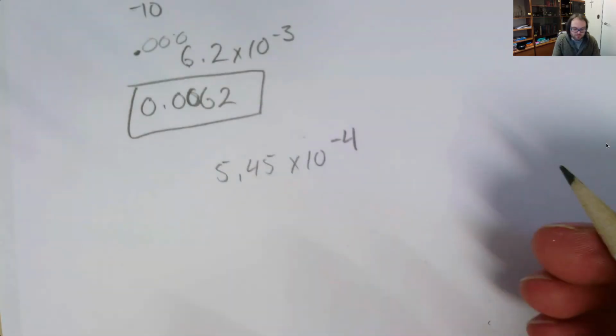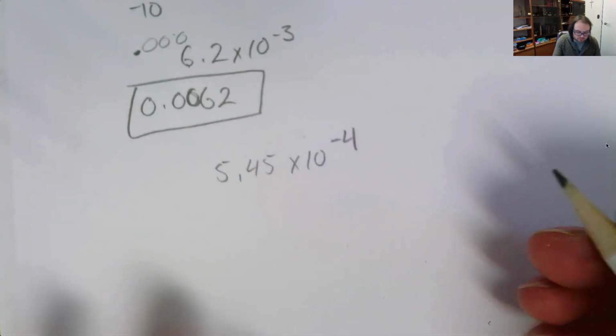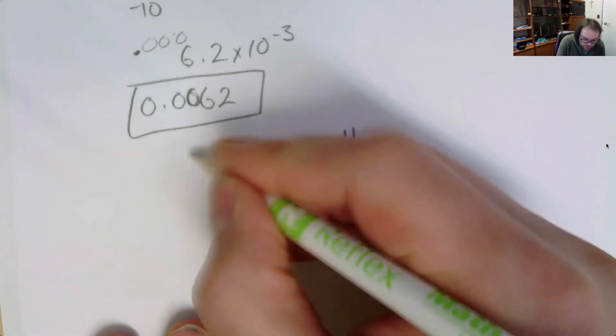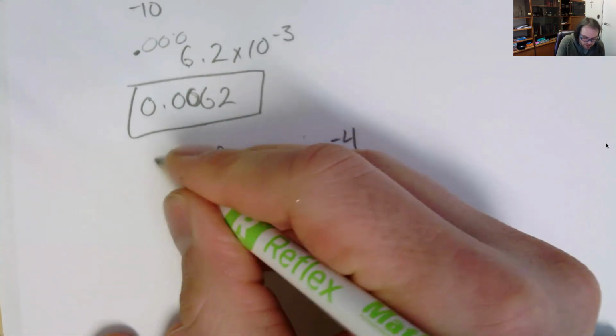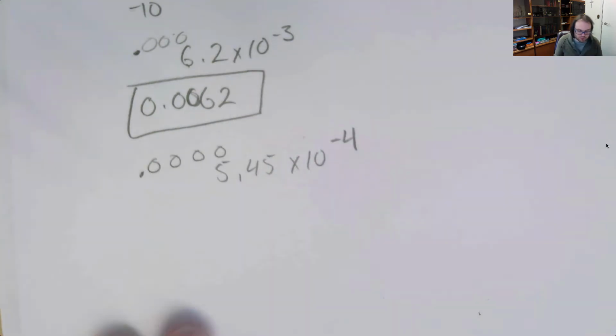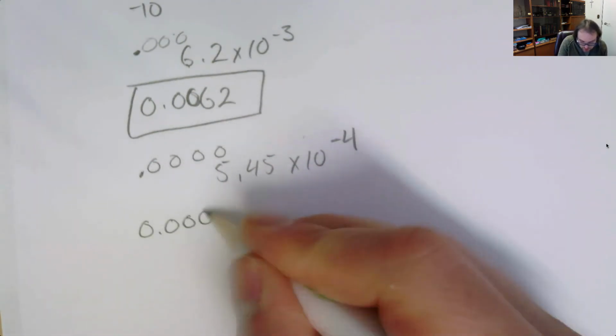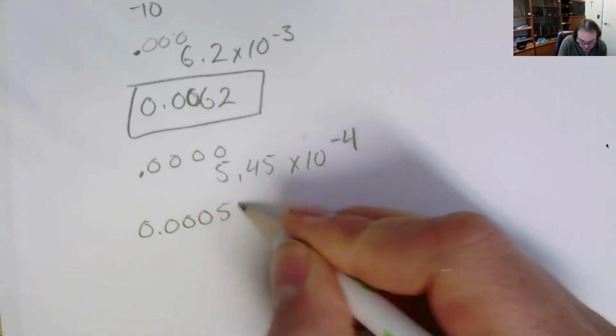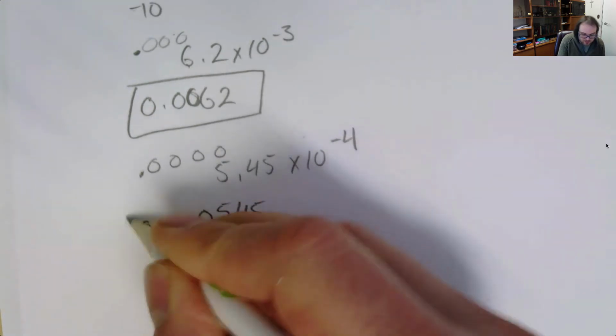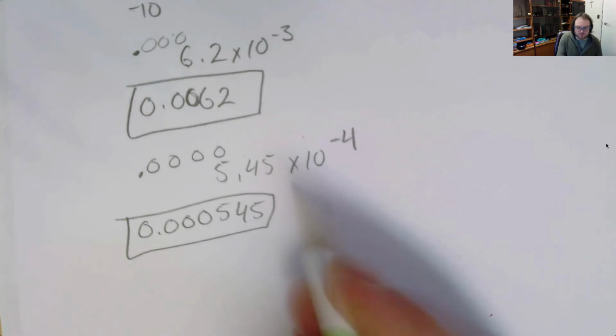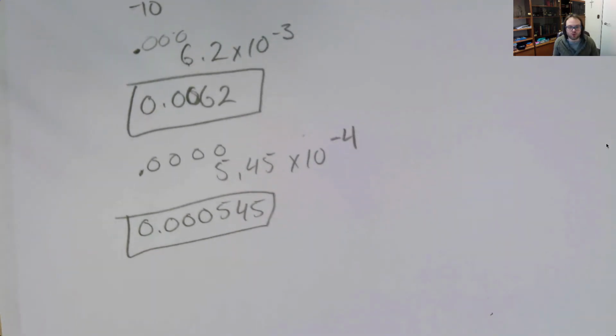So negative 4 is going to look like this: 1, 2, 3, 4, decimal. So we have 0.000545. The fourth zero, then there's a 5, and this will be my answer for 5.45 times 10 to the negative 4.